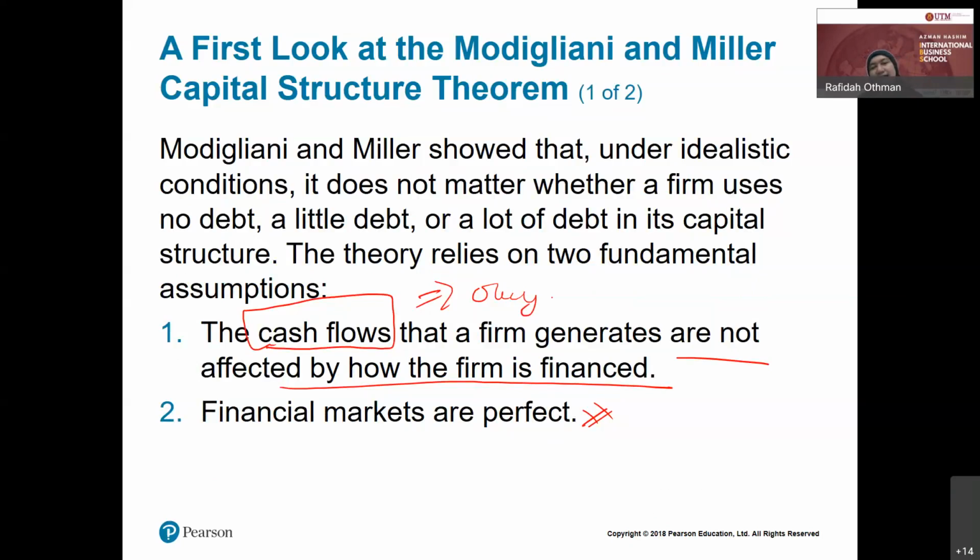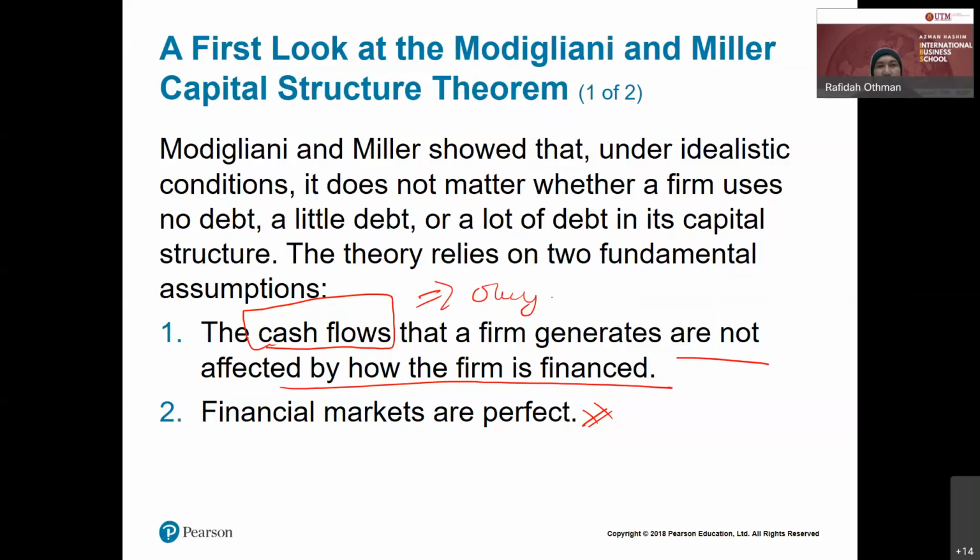The second assumption is that the financial markets are perfect, meaning easy in and out of the market at the same required interest rate, with plenty of securities to trade. So this is only an assumption.